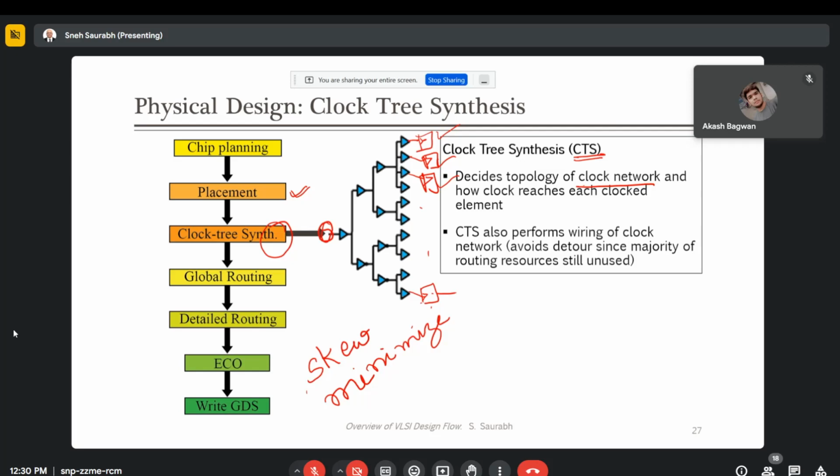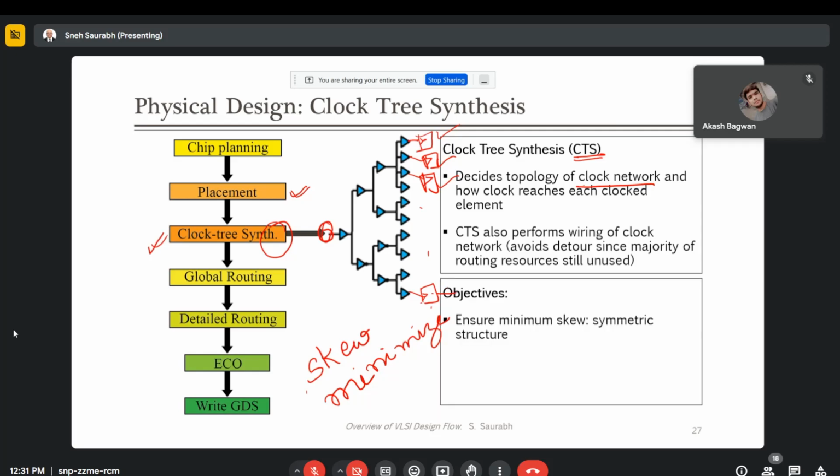It is basically saying that at this time do this, at this time do this, and so on. In that sense, the clock signal is the most critical signal in a synchronous design, and therefore the highest priority is given to the clock signal in routing, and therefore we do clock tree synthesis before other routing, right?